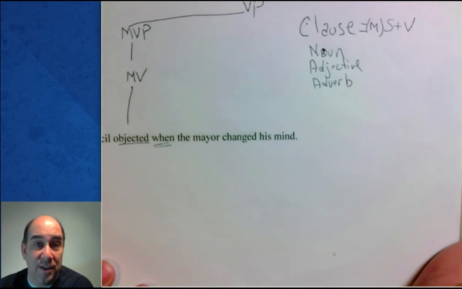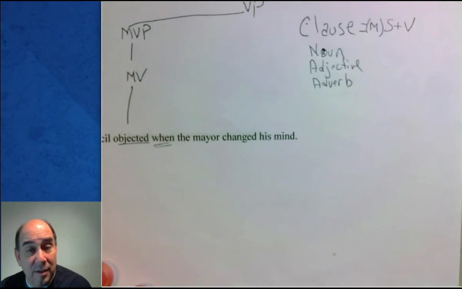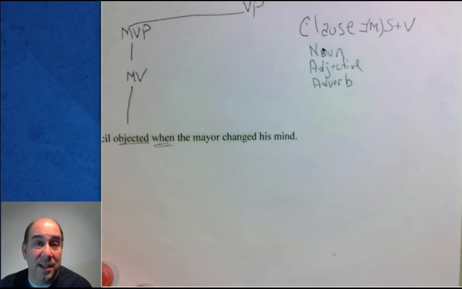Same thing with an adjective clause: it's a clause that's taking the place of an adjective. An adverb clause is a clause, subject, verb, probably a marker, and it is doing the job of an adverb.